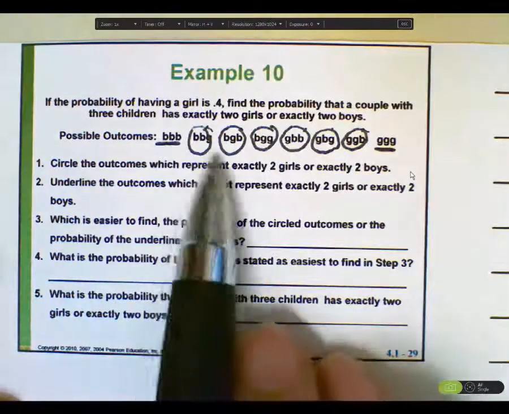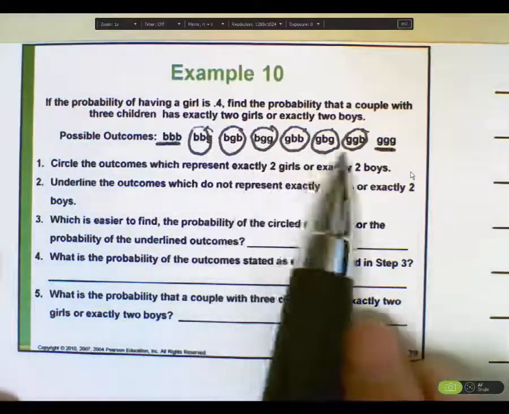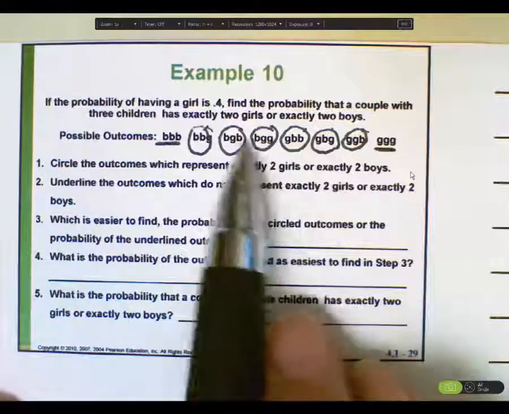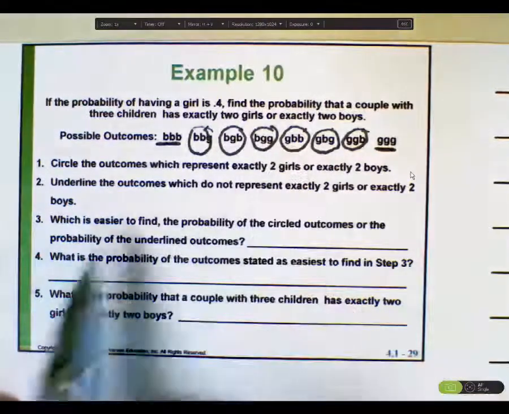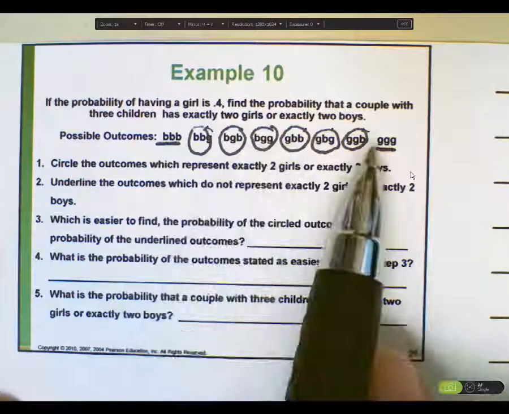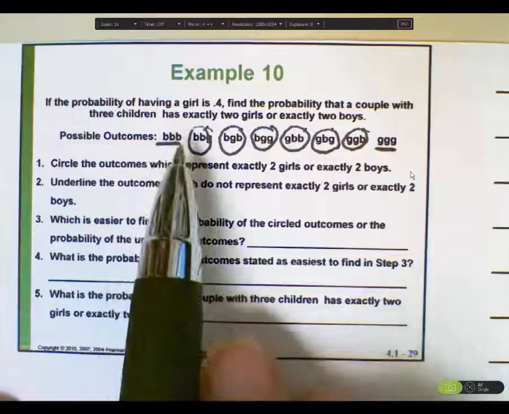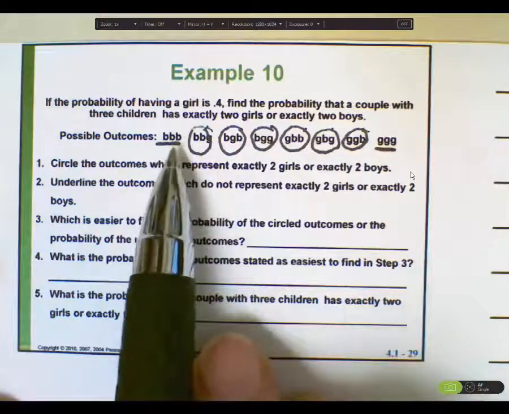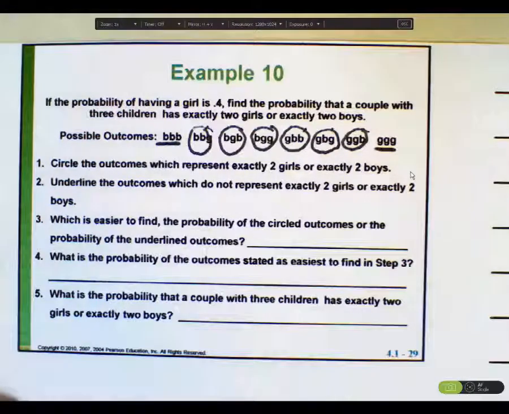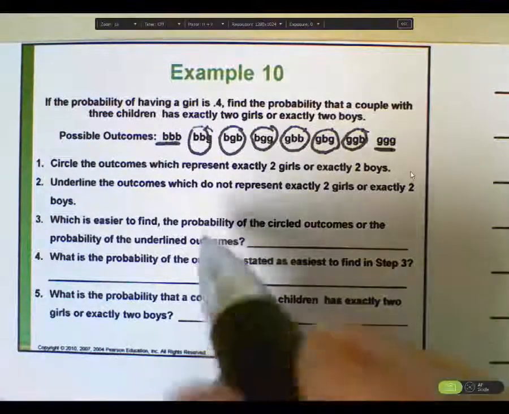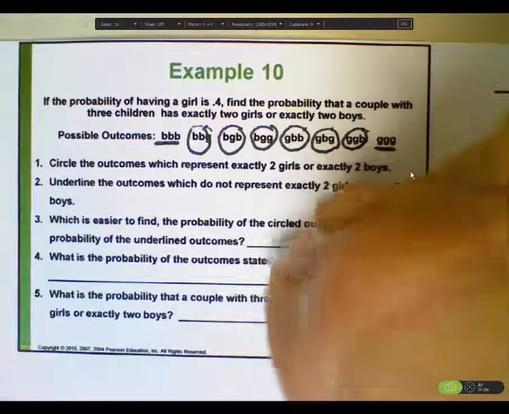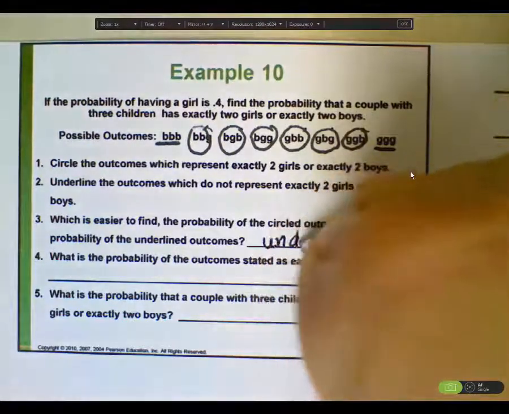Would it be easier to find the probability of these 6 events, which would involve multiplying 6 fractions, or the probability of these 2 events? I think it would be much easier to find the probability of those 2 events. I'm going to say the underlined outcomes would be easier to find.